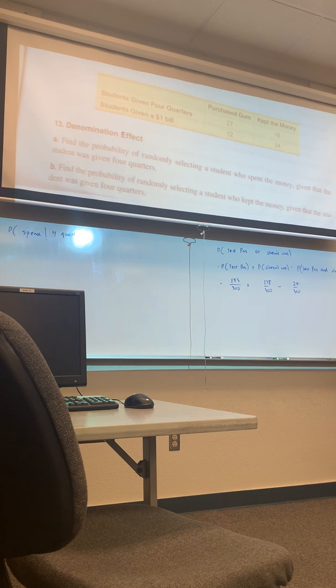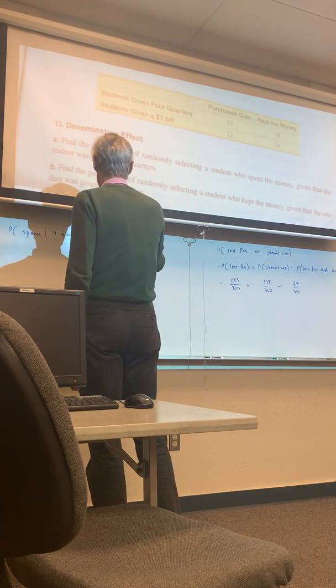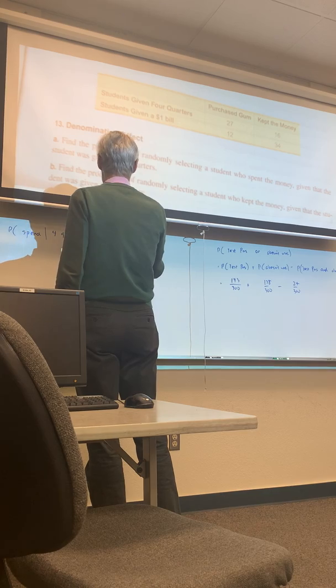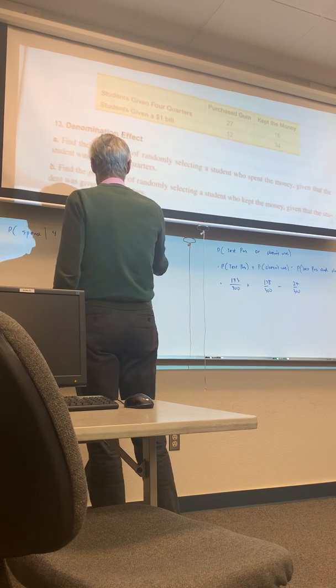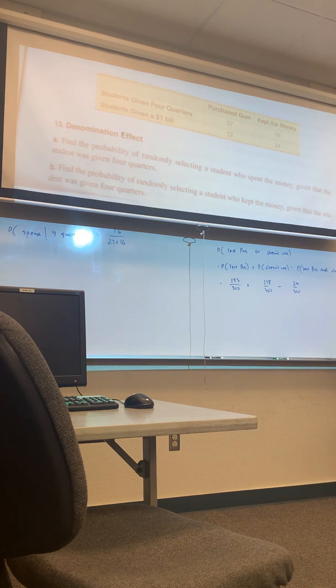Well, that's the number who spent, 16, divided by the total number given the 4 quarters. So that's 16 over 27 plus 16. These conditional probabilities reduce your sample space. We're not dealing with people who were given a dollar bill now.